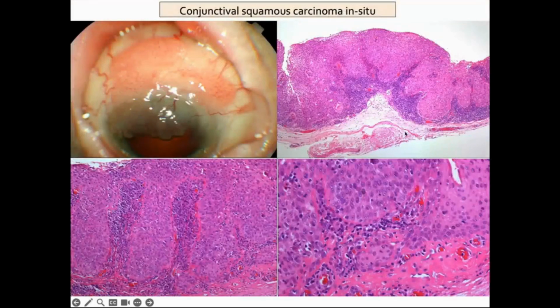These lesions can be quite extensive. As you can see here, this is an unusual surface of the conjunctiva, and it's been excised in toto. You can see that the epithelium shows significant dysplasia, and what is really important in such specimens is to exclude invasive growth.